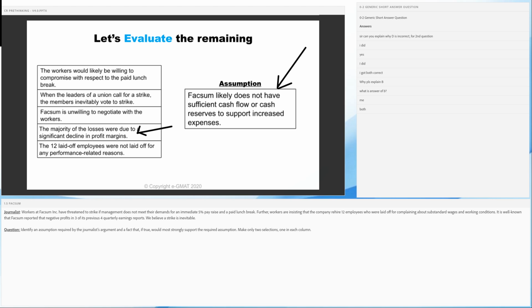The majority of losses were due to a decline in profit margins. If operational reasons were causing the losses, then it makes sense to believe that Faxam does not have the cash or cash flows. It strengthens that assumption. So that is why E is incorrect for the second question, not D.